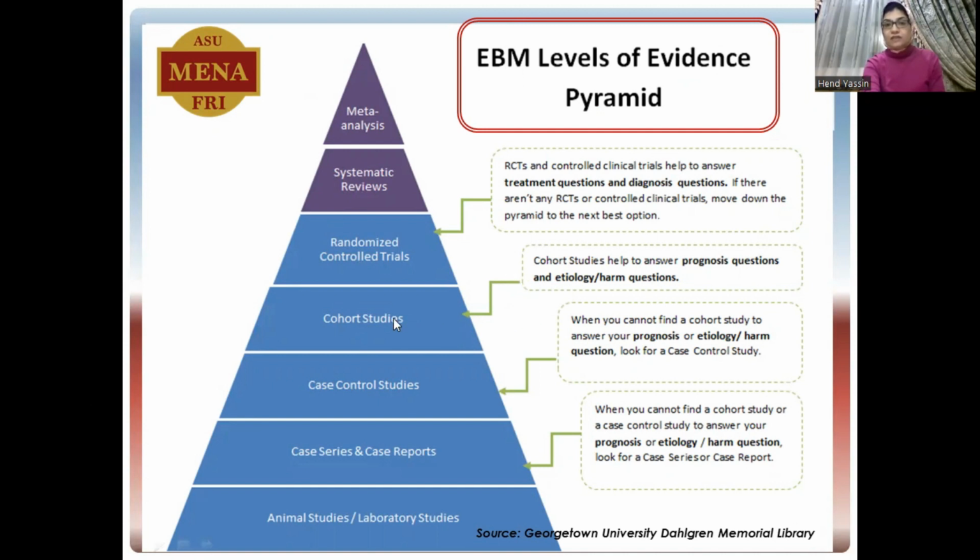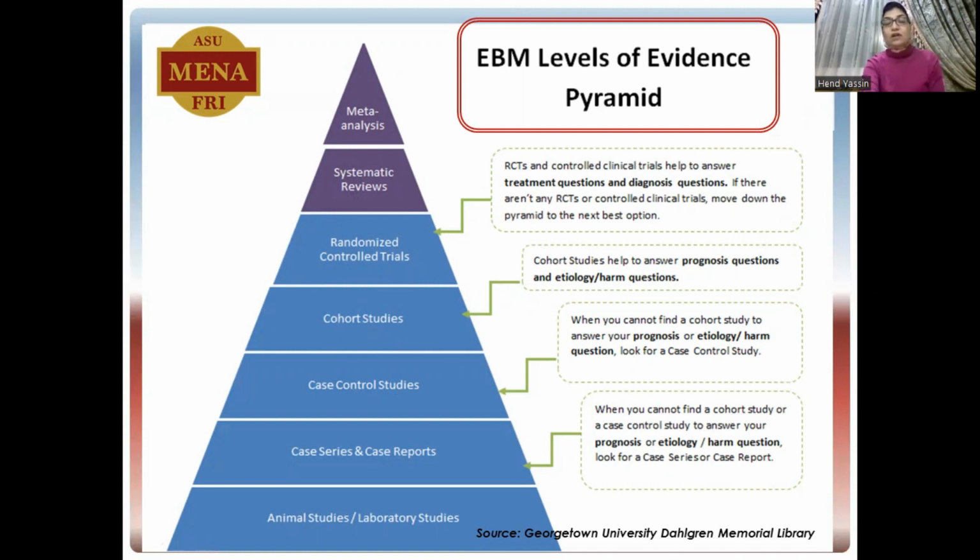And here we come to the levels of evidence. It's well known that there is the levels of evidence pyramid of evidence-based medicine, and here at the top come the meta-analytical studies, and then the systematic reviews, the RCTs, the double-blind randomized controlled trials, which help to answer the treatment question and diagnosis question, then the cohort study, the prospective cohort for example, to answer the prognosis question, and the case control study.